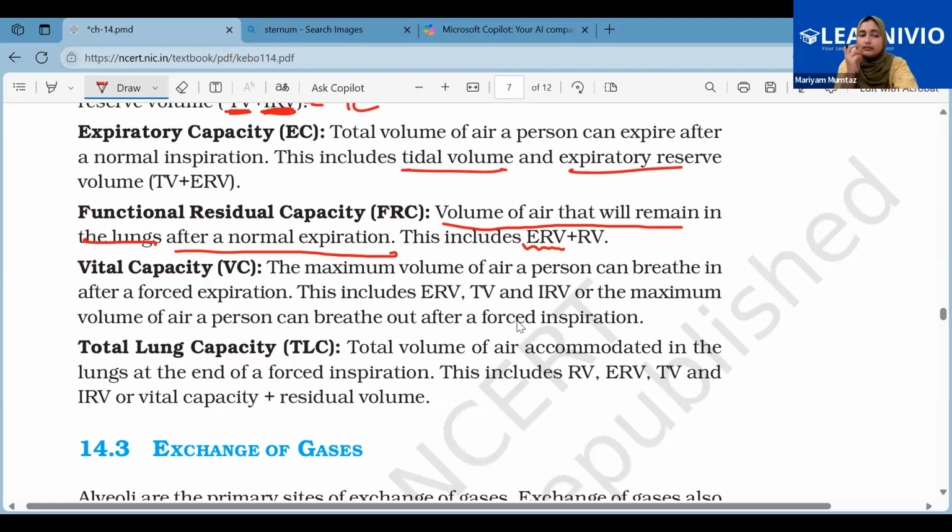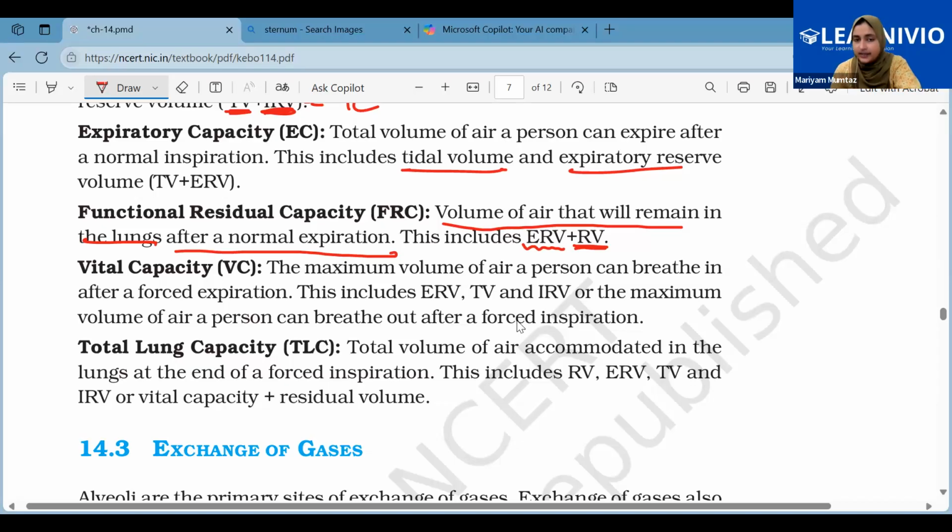Residual volume is the volume of air that remains in the lung despite anything. But functional residual capacity is a combination. It is the volume of air that will be remaining in the lungs when you do a normal expiration. That will be the ERV plus the residual volume.